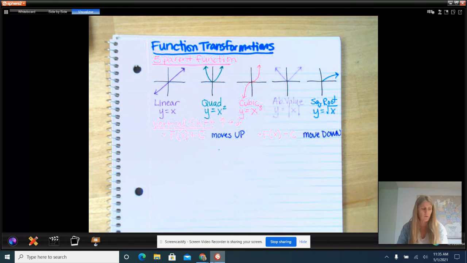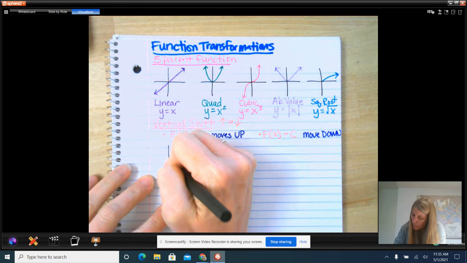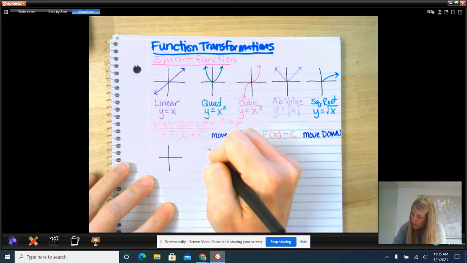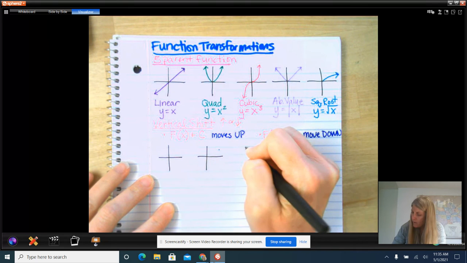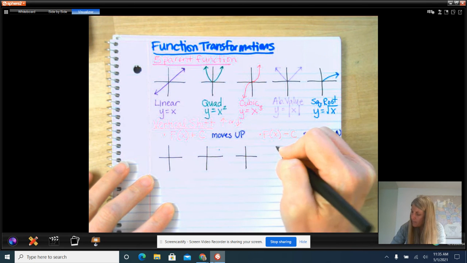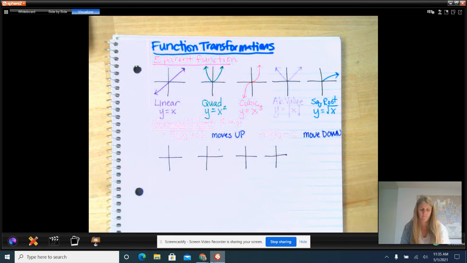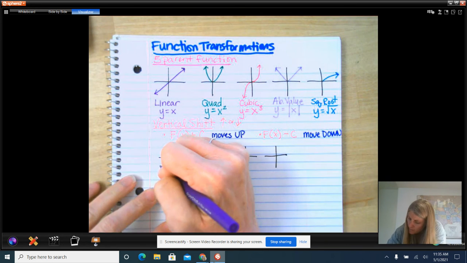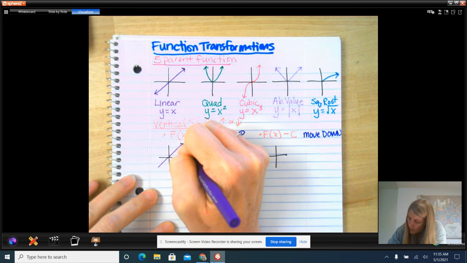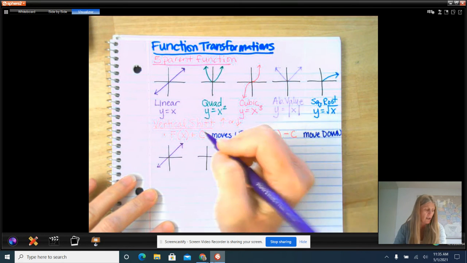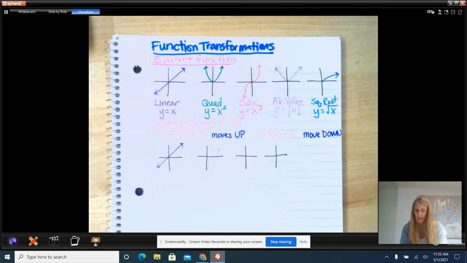Okay, so we're going to go ahead and transform 4 of these: 1, 2, 3, 4. Okay. And we're going to start with our parent function of our line. And once again, we started that with y is equal to x.